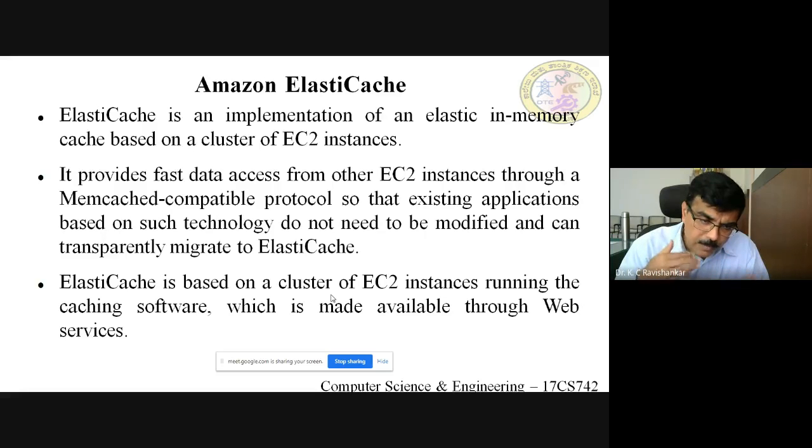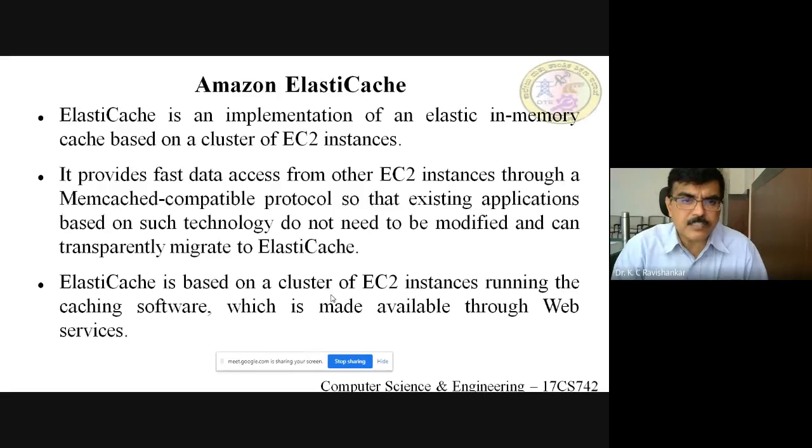When you have caching, your performance will be faster, your working will be faster, and the CPU will be utilized fully. Here Amazon is providing you a cache memory implementation so that the computation will be faster.